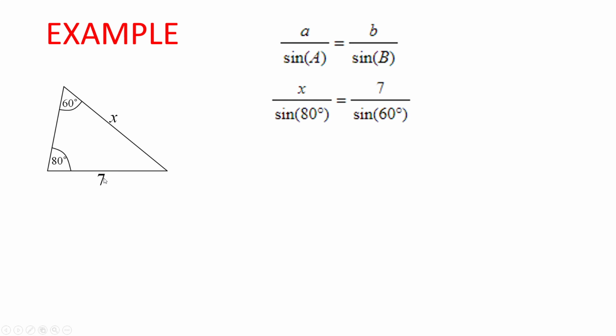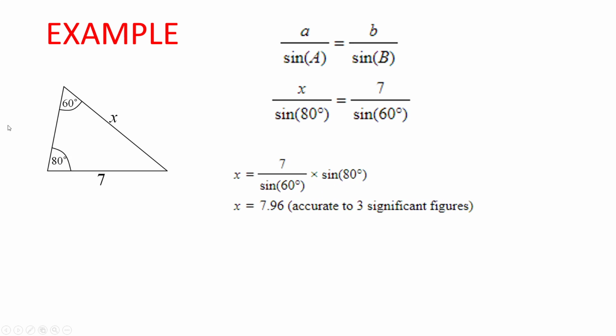So we're finding sides, so the sides are on top: 7 over sine 60 equals x over sine 80. Now we shift the sine 80 to the other side, cross multiplication, so x equals 7.96. Now round to three significant figures, that's according to the IGCSE board.